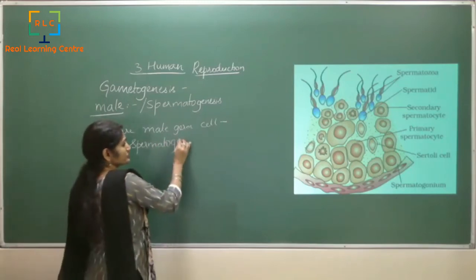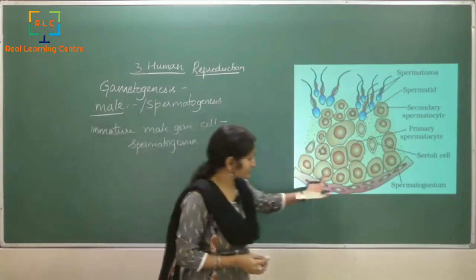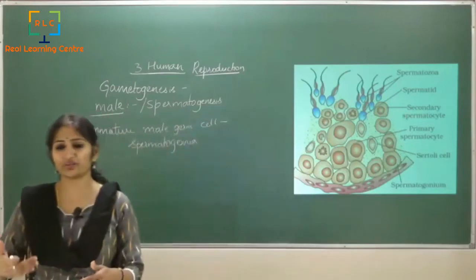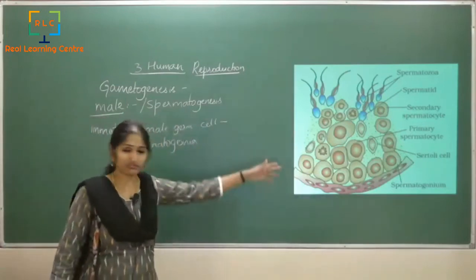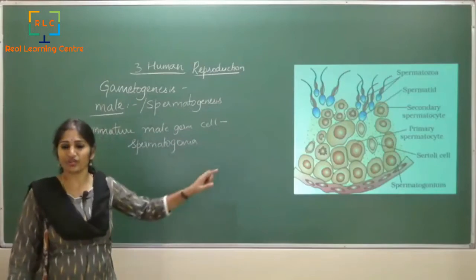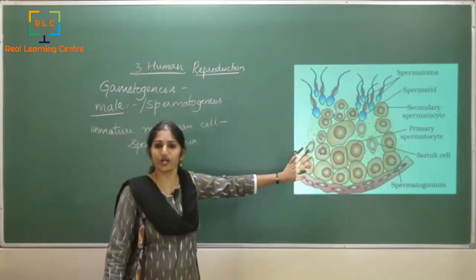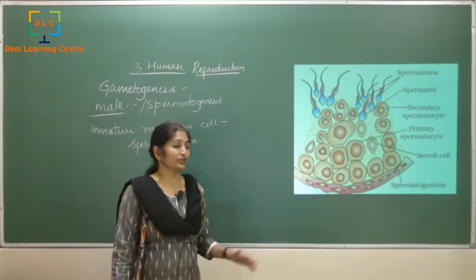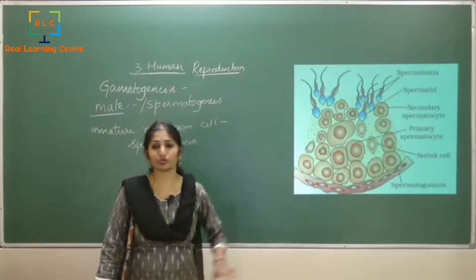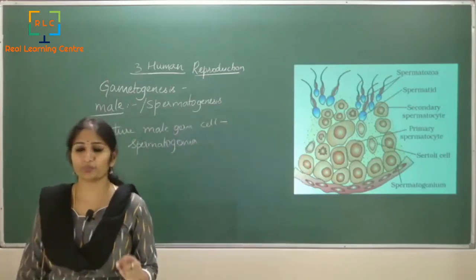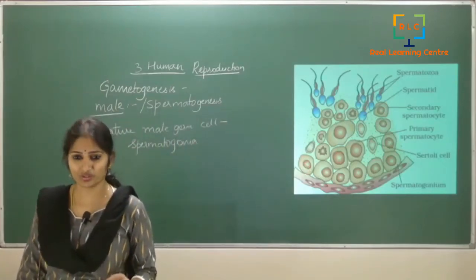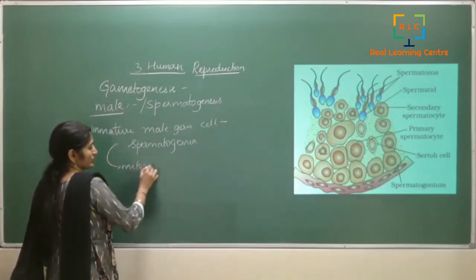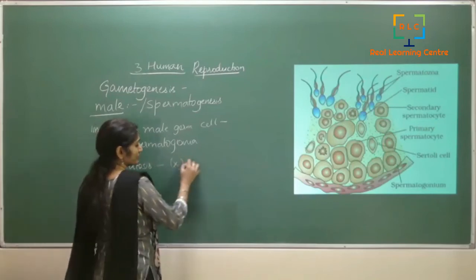So we have this spermatogonia, which are immature cells, and there is always a continuous supply of these which undergo division. I will be explaining to you very soon. We have a lot of spermatogonia here, present inside the seminiferous tubules. Now this spermatogonia would undergo a process of mitosis, and would increase in their number.